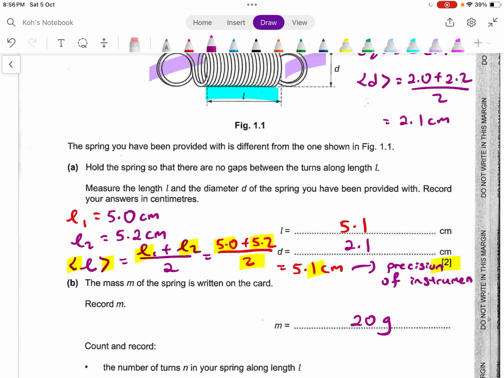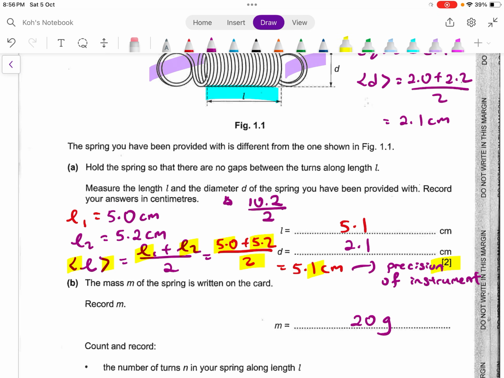Of course, you can also use another idea, the least dp rule. For example, 5.0 plus 5.2, because it's an addition, you follow the least dp, meaning 1 dp, so my answer must be 1 dp, so it's 10.2. Then you divide by 2.